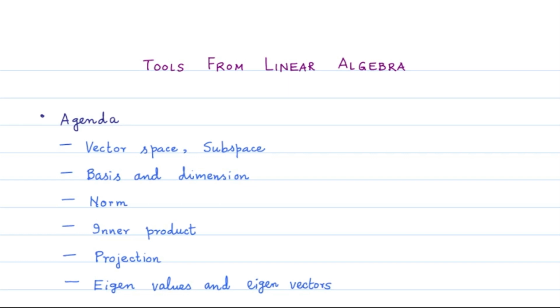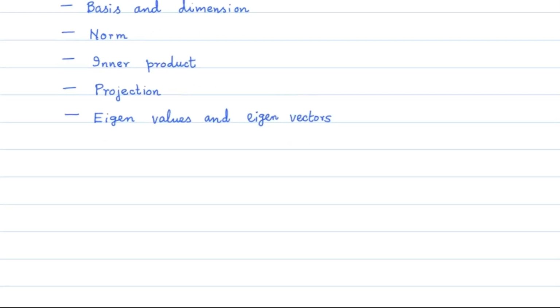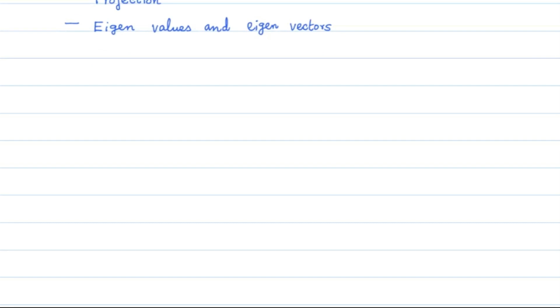Let's start our discussion with the idea of vector space. What do we mean by a vector? From our basic knowledge about vectors, we know that a vector is a quantity that has a direction and a magnitude or length.